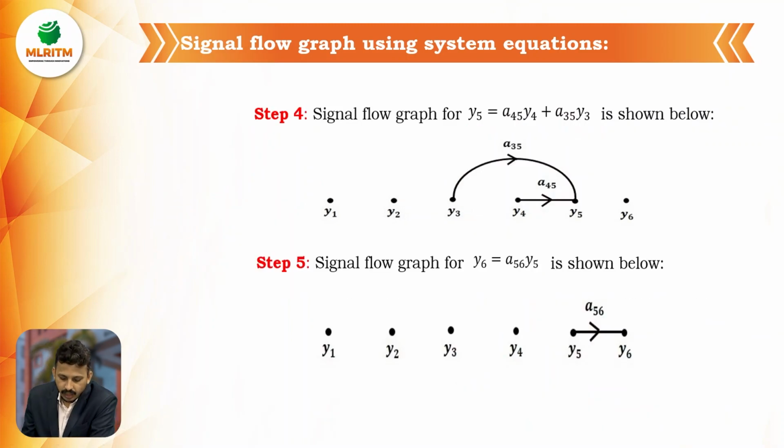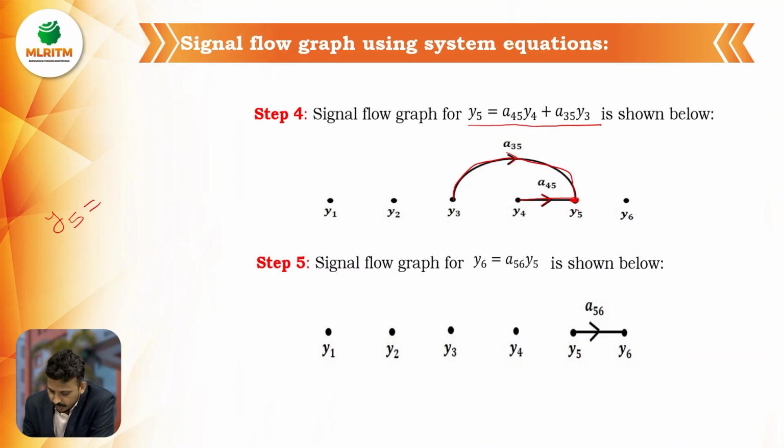Next, the fifth equation, that is y5 is equal to a45 into y4 plus y3 into a35. So at node 5, I am considering there are two signals entering, which are y4 and y3.